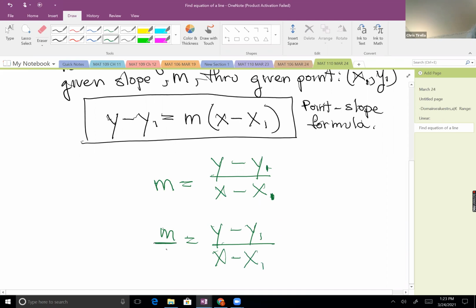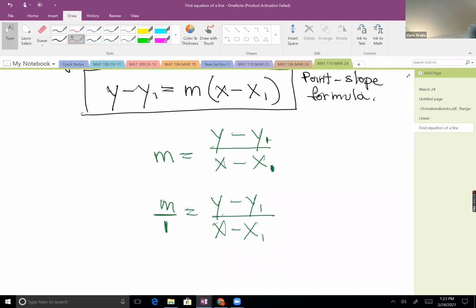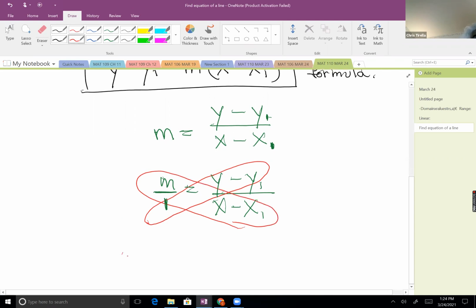If I put that m over 1, do you see how now all of a sudden it's a proportion? And is there anybody else that had it drummed into you in your formative years? If you have a proportion, you want to cross multiply. And so if I cross multiply along one diagonal, I get 1 times y minus y1, which would just be y minus y1.